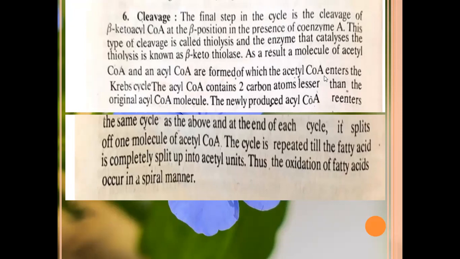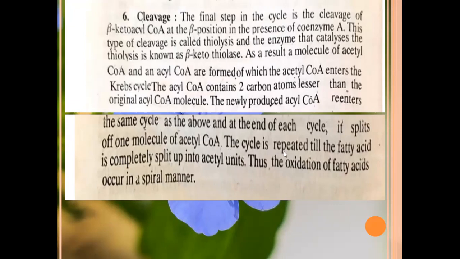See, acetyl coenzyme A enters the Krebs cycle, and the acyl coenzyme A contains 2 carbon atoms fewer than the original acyl coenzyme A molecule. The newly formed acyl coenzyme A enters the same cycle as above, and at the end of each cycle it splits off one molecule of acetyl coenzyme A.